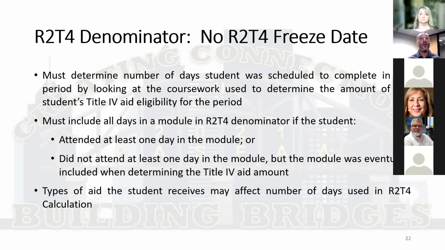We're going to talk about no freeze date. The school must determine the number of days that was scheduled to complete in the period by looking at the coursework used to determine the amount of aid that they were going to be eligible for that period.